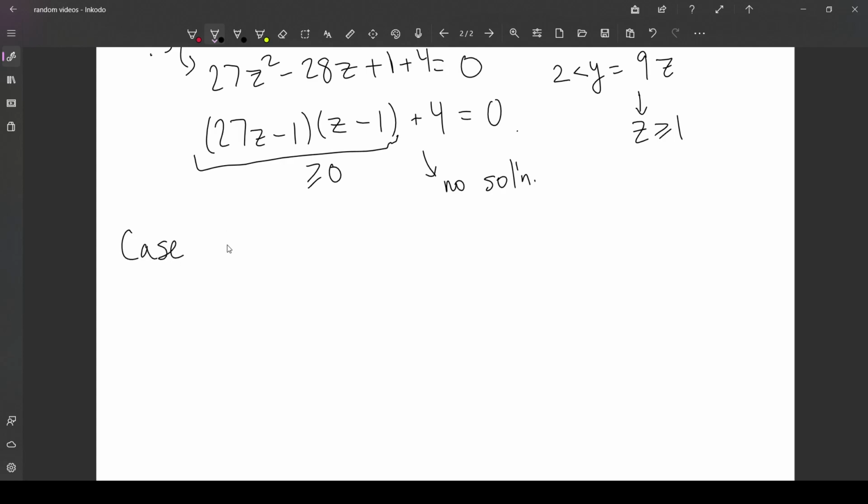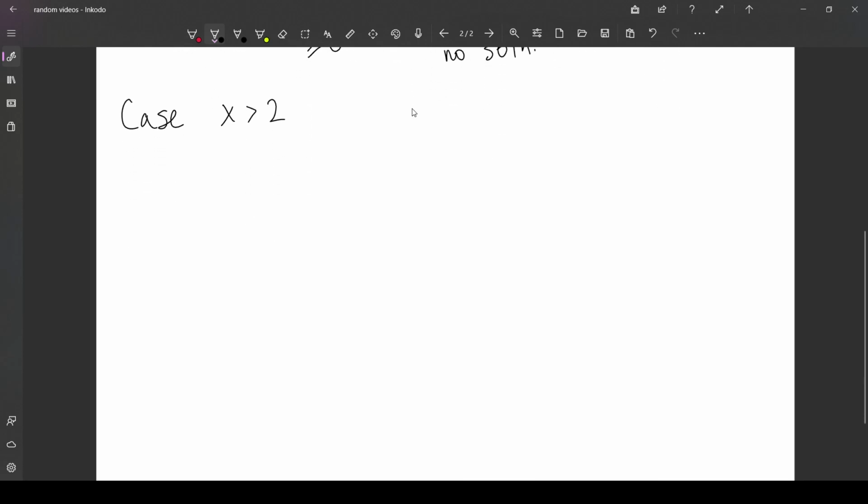So now we just have the case of x is greater than 2. So what we want to do now is take our equation xy minus 7 squared equals x squared plus y squared, and write this as a quadratic in terms of y.